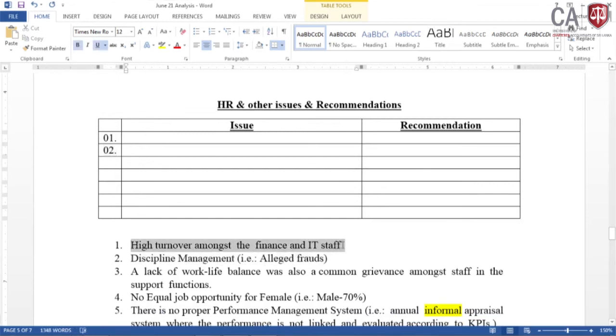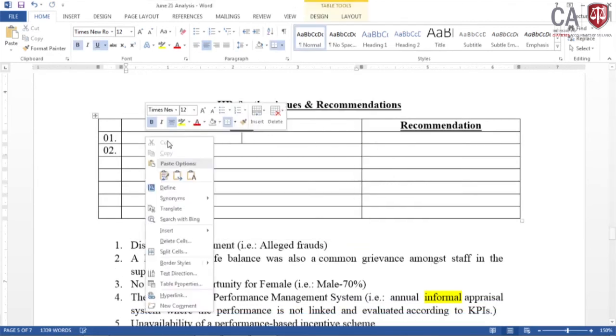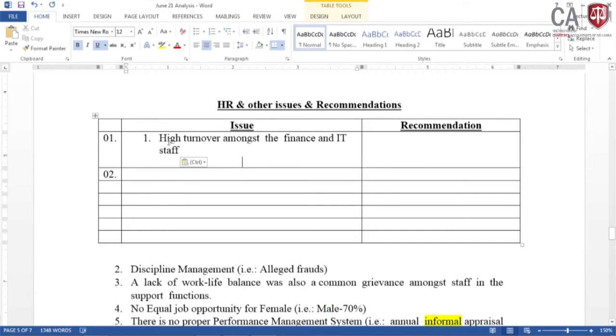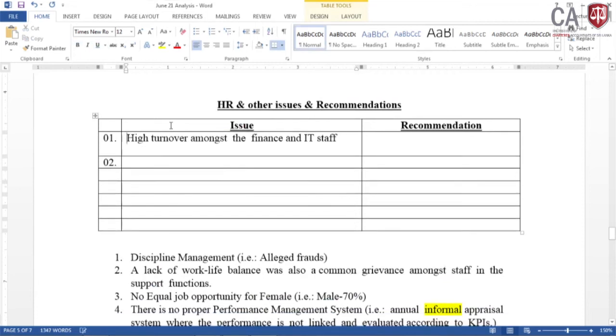First one is high turnover among the finance and IT staff. So, what will be the solutions on this?